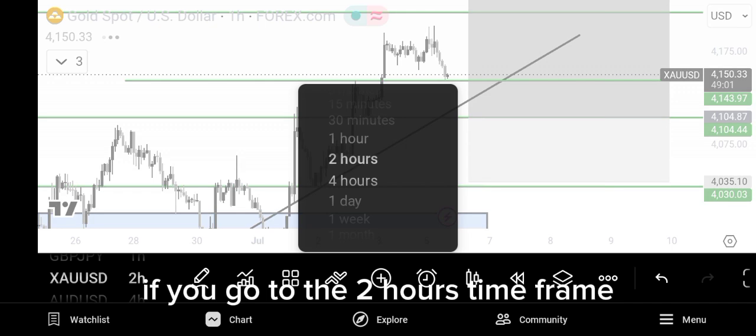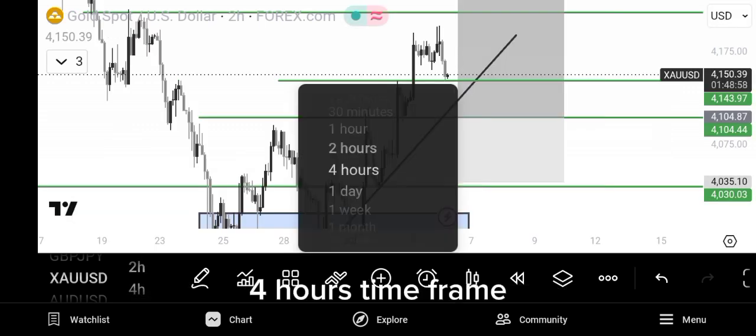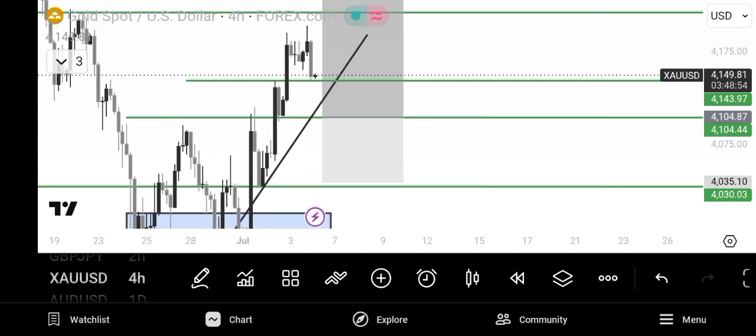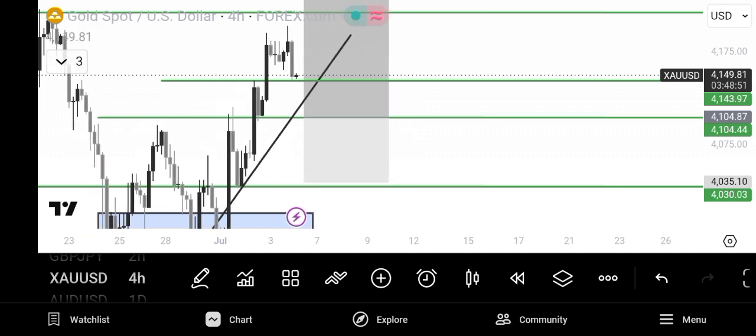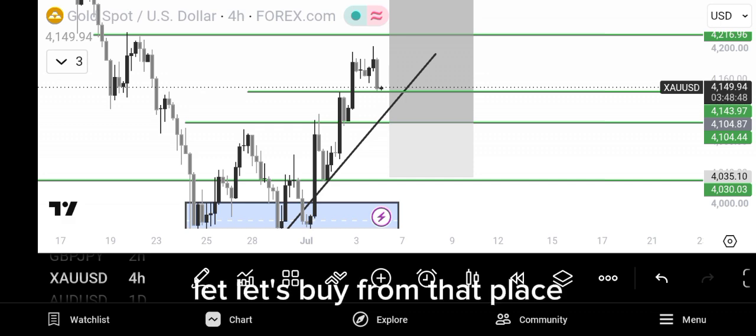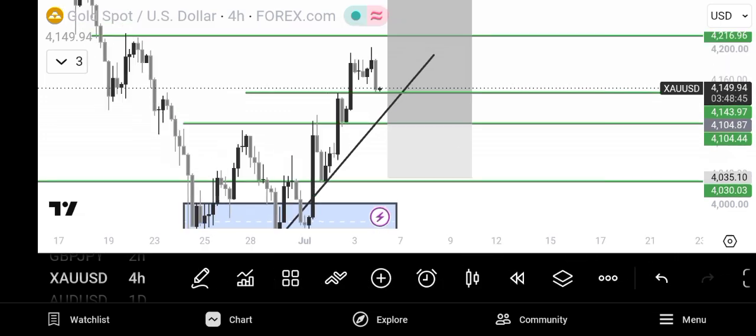If you go to the 2 hours time frame, 4 hours time frame, what do you see? Let's buy from that place.